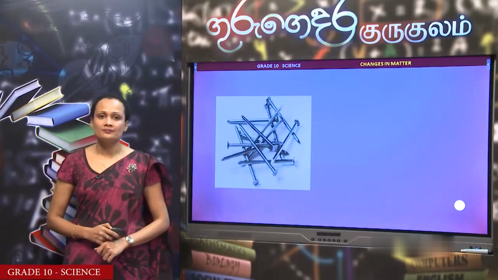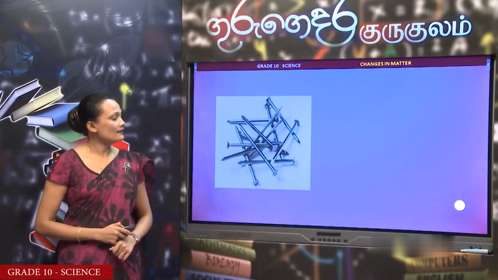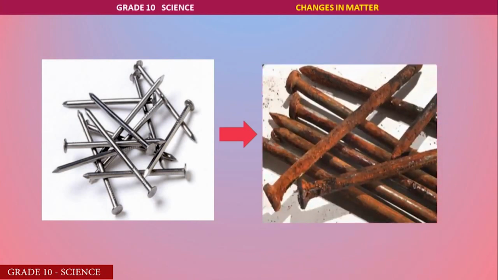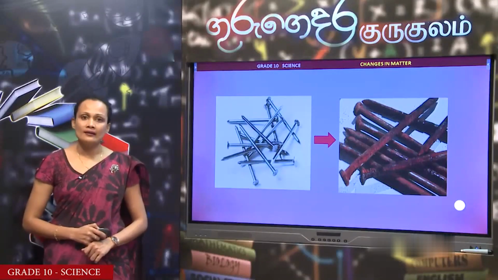Look at that one. Clean iron nails. If we consider the iron nails, they are solid matter. Then with time, when they are exposed to the air, what happened to the iron nails? They get rusted. That means iron reacts with the oxygen and water vapors present in the environment, making the iron rust.